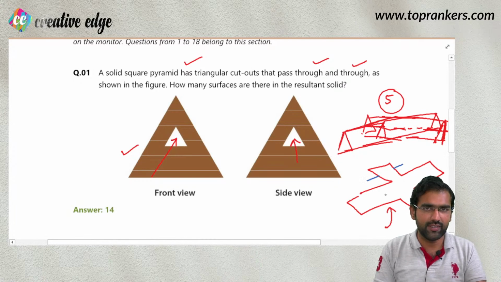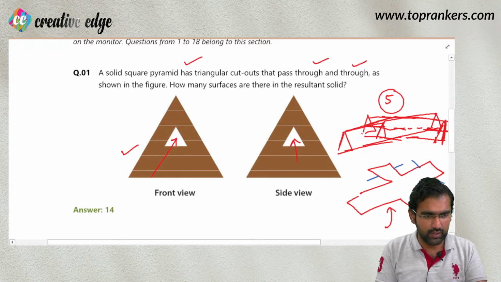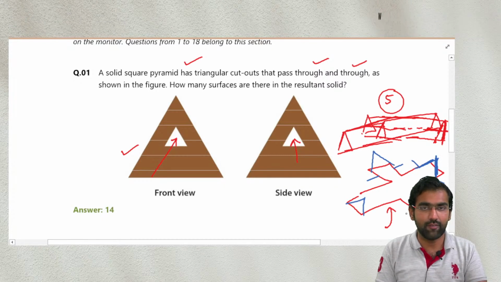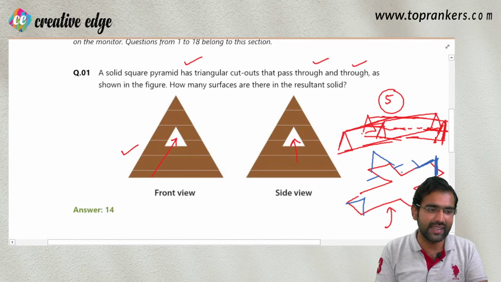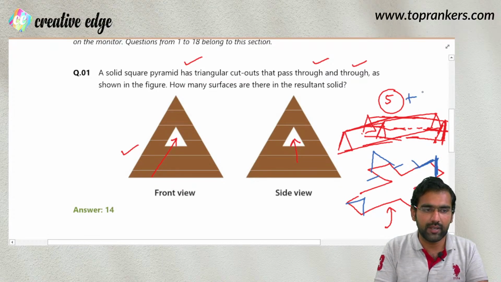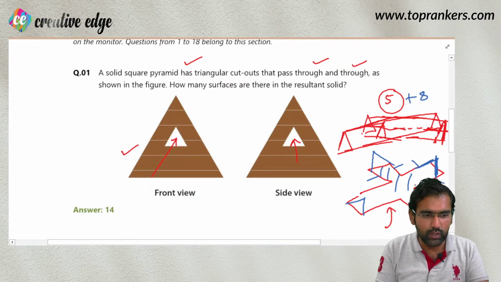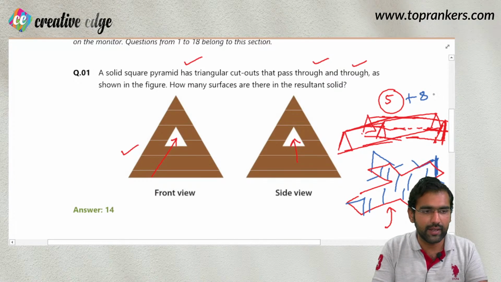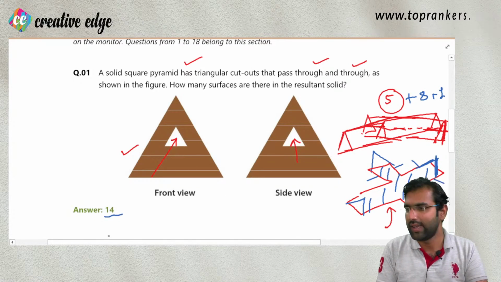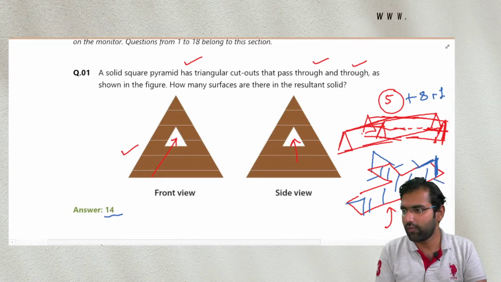This has 2 surfaces here, this has 2 surfaces here, and so on. Each of them has gotten 2 surfaces, which means 8 surfaces here. So 5 plus 8, and this one continued surface or base will make another, 13th surface. Sorry, 14, because 8 plus 5 is clearly 13, and 13 plus 1 should be 14. Hence the answer to this question would be 14.